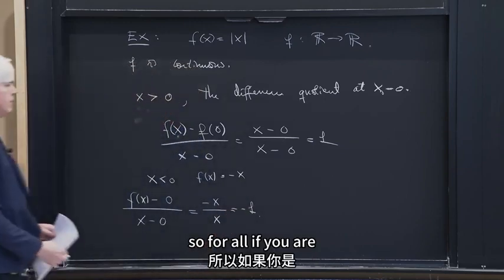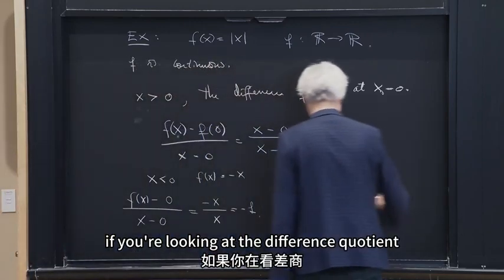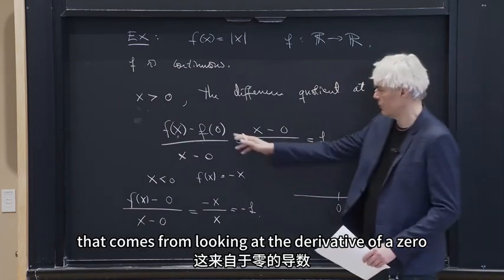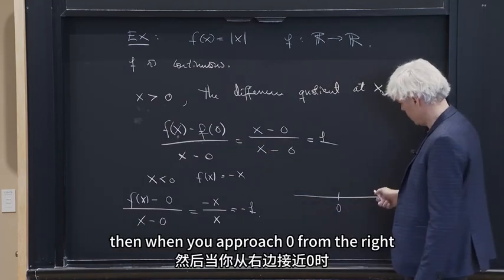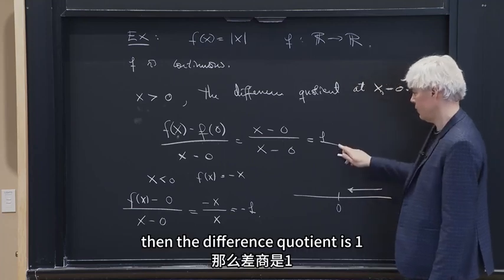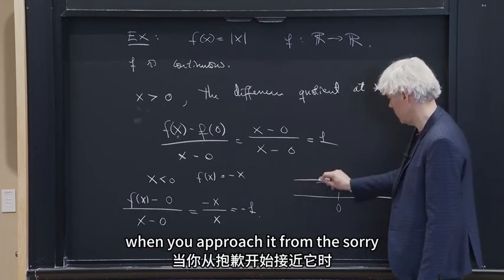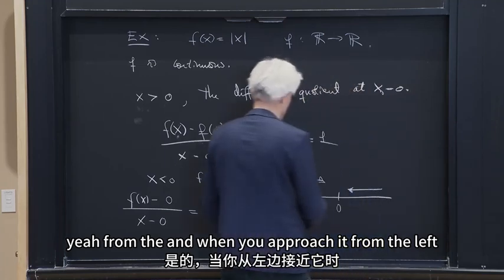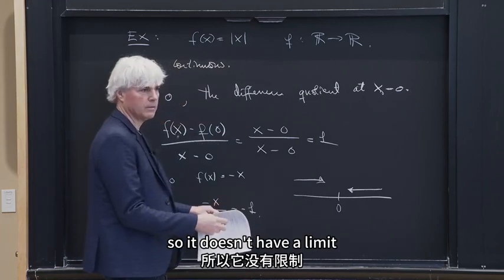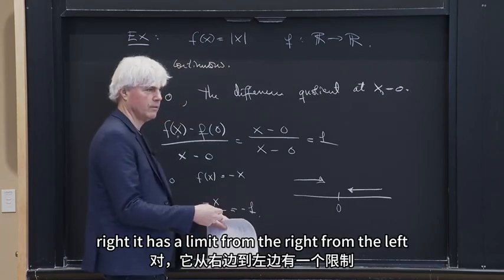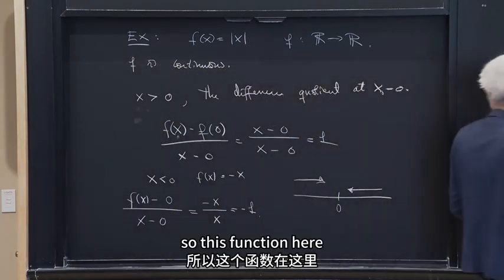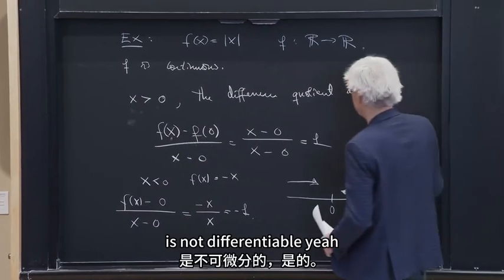So if you're looking at the difference quotient that comes from looking at the derivative at 0, then when you approach 0 from the right, the difference quotient is 1, and when you approach it from the left, the difference quotient is minus 1. So it doesn't have a limit, right? It has a limit from the right and from the left, but it doesn't have a limit if you don't restrict where it's coming from. So this function here is not differentiable.